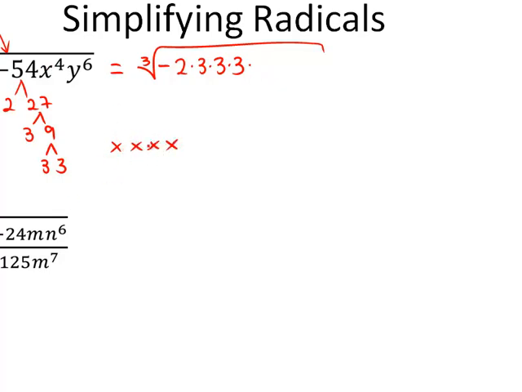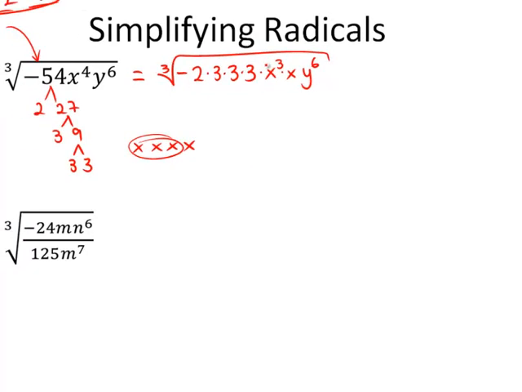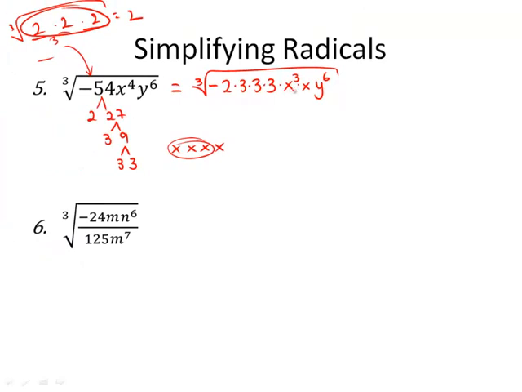Instead of looking for pairs now, we're looking for triplets. So we're actually trying to get multiples of 3 out of this. So we could write this as x to the 3 times x. And we could write y to the 6 as y to the 6, because we can divide 6 by 3 easily. We will have two triplets within y. We'll have one triplet within the x plus one left over.